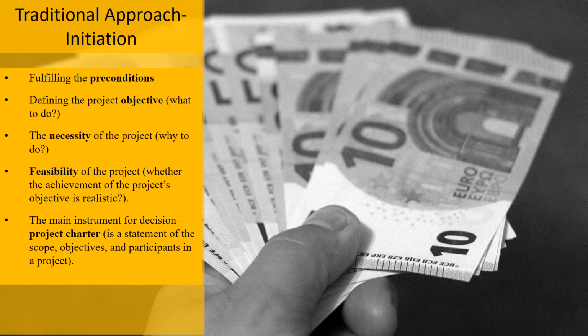Within the initiation stage, we fulfill the preconditions and define the project objectives. What is it that you are trying to achieve? It is important to be clear in terms of what you are trying to achieve, and having it written down and clear and agreed by all parties is very important.